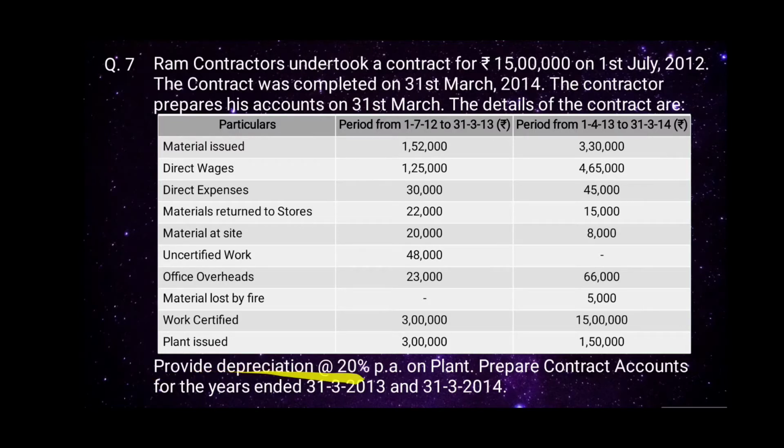Provide depreciation at the rate of 20% per annum on plant. Prepare contract accounts for the year ended 31st March 2013 and 31st March 2014.